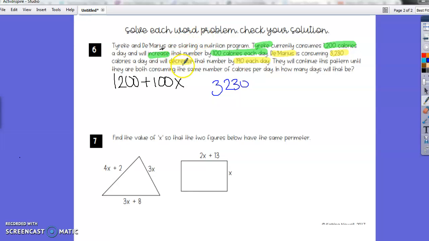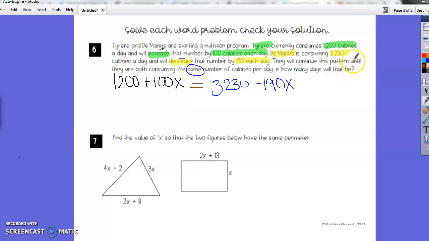So what does the word decrease mean in math? It means subtraction. And he's going to subtract 190 calories each day, 190 calories per day. So times X. And we want to know when they will be consuming the same number of calories. So we want to know when are they going to be equal.